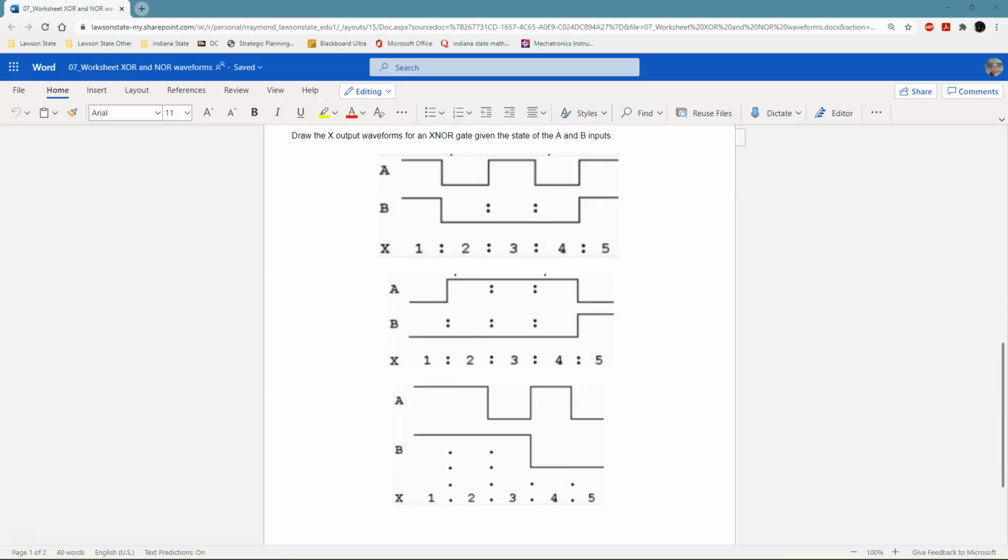Yes. So you would end up with, let me redraw this for y'all real quick. So we got a high or a 1. You get a 0, 1, 0, 1. For the input for B, you get a 1 and then a 0 all the way down until you get to the end and you get a 1 here.